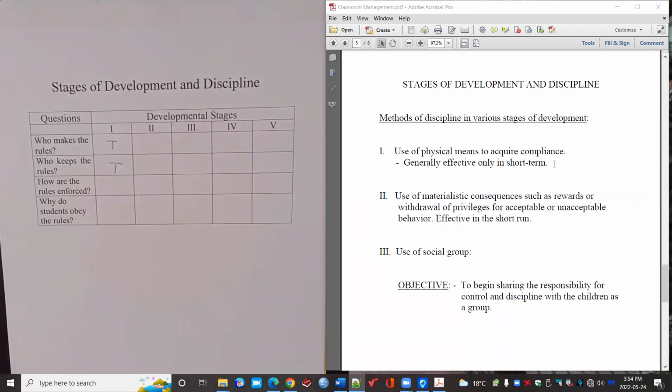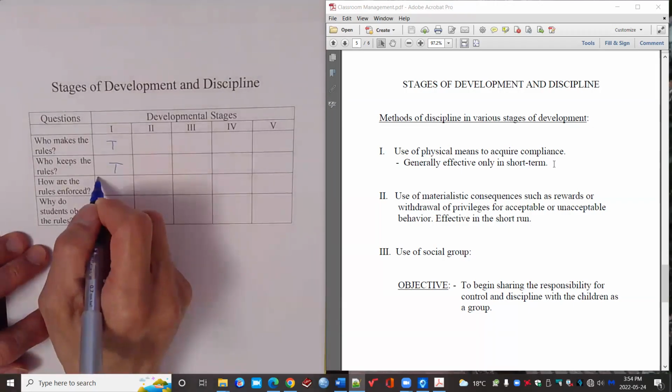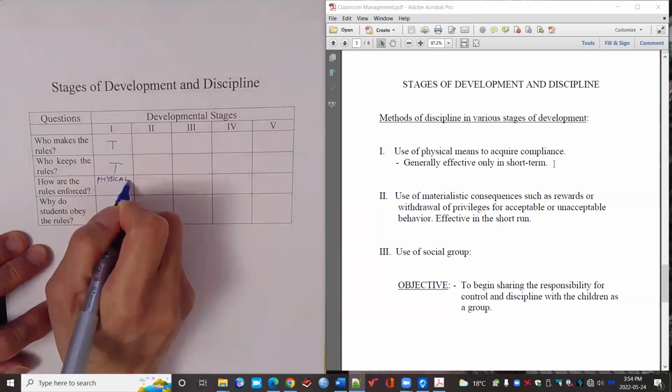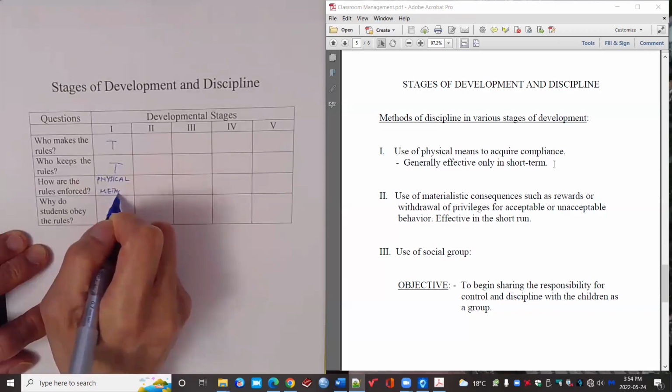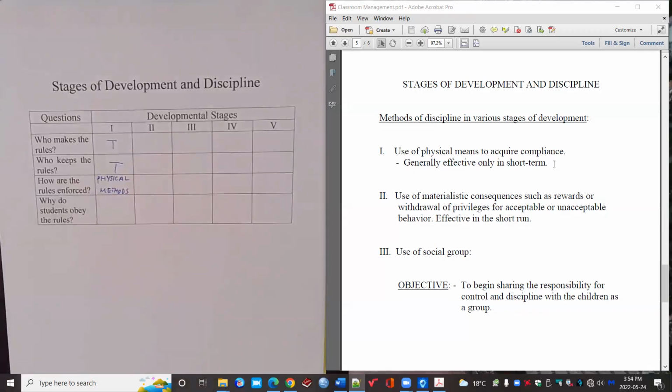Okay. How are the rules enforced? At this stage, you're using physical force, is that right? You're using physical methods to do that. Why do students obey the rules?